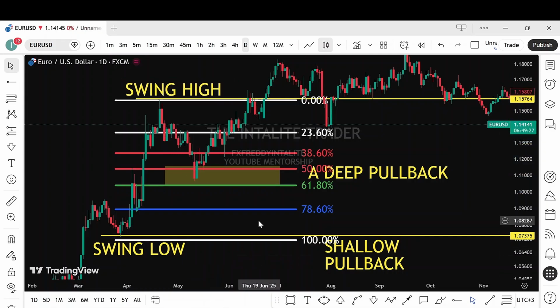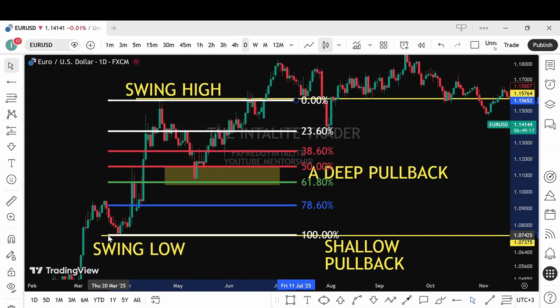So I'm trying to measure how far price will come. From this swing high to swing low, I attach my Fibonacci retracement tool. Then when price gives me a candle color change, let's say you were in this trade from here to here, you got this candle color change.